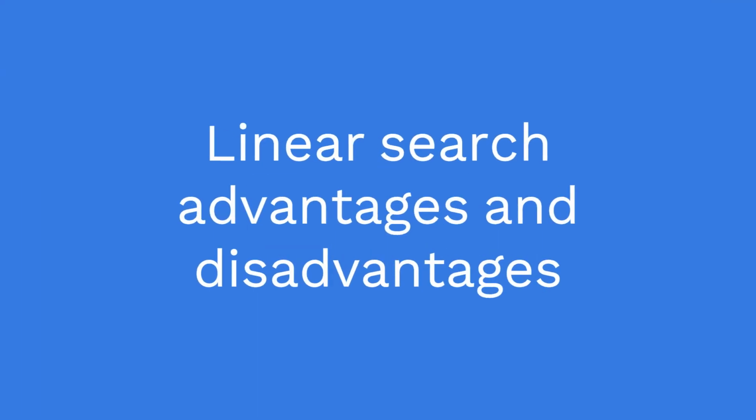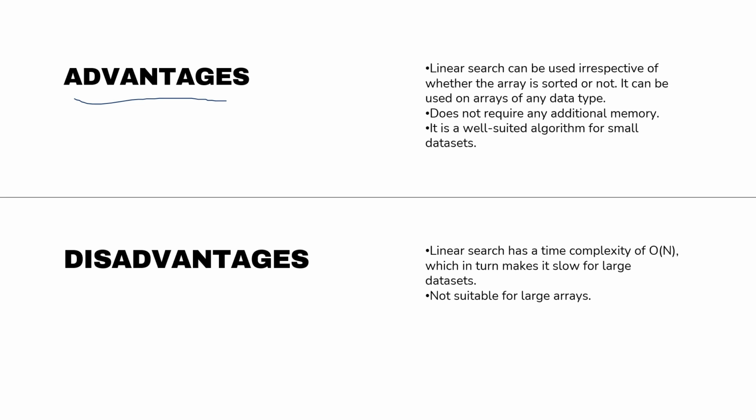So these are the advantages and disadvantages of linear search. The first advantage of linear search is that it doesn't require the array to be sorted. But in binary search, the first condition for the algorithm is that the array must be in sorted form, while linear search doesn't have this restriction.